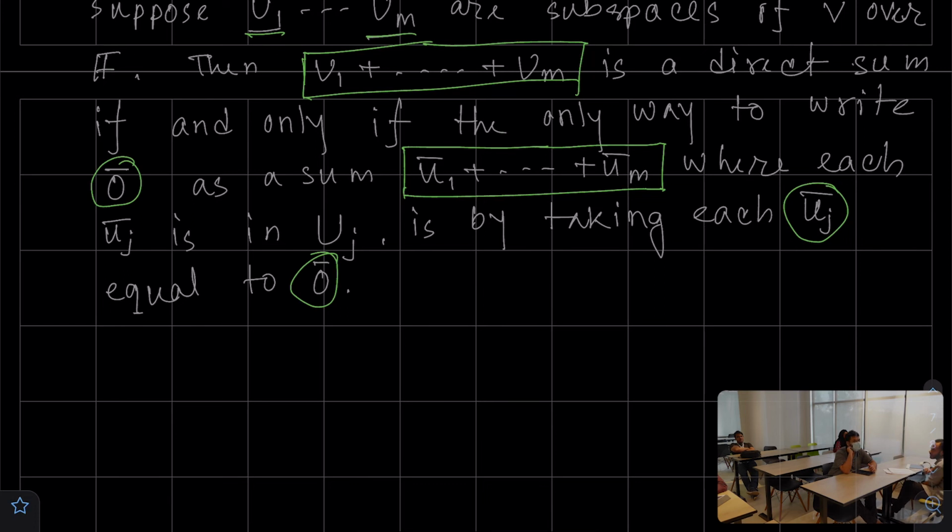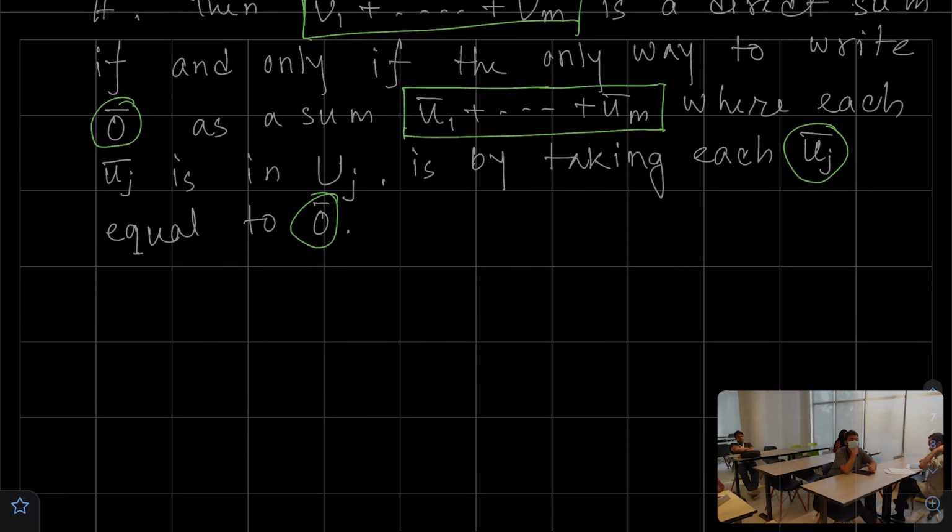Okay. So it is an if and only if statement, right? So we have to prove this in both ways.